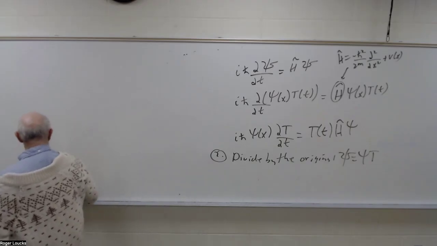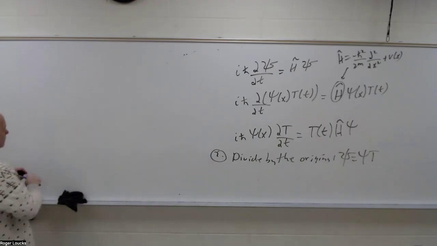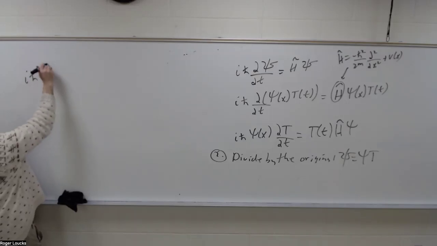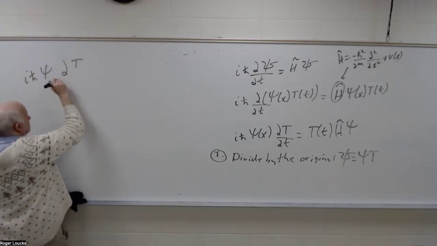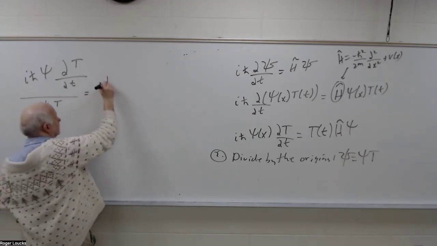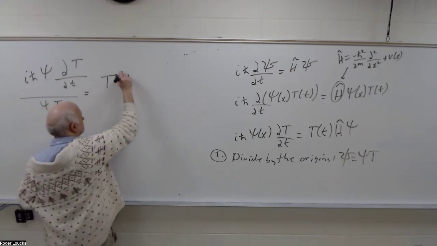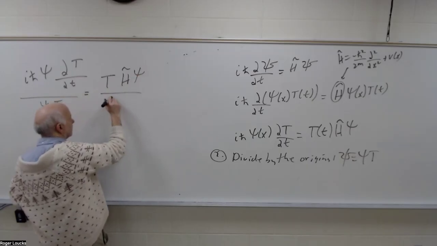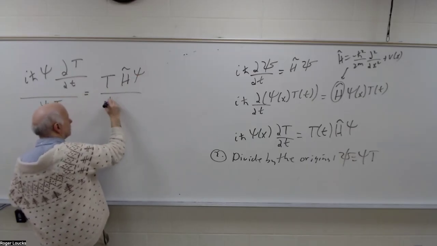We get the following: iħ psi partial t with respect to t divided by psi t equals H psi divided by psi t.